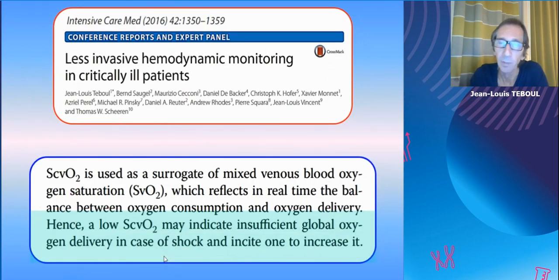And this was confirmed by this expert panel paper coming from the cardiovascular dynamics section of the ESICM. In this paper, we said that low ScvO2 may indicate insufficient global oxygen delivery in case of shock, and incite one to increase oxygen delivery.